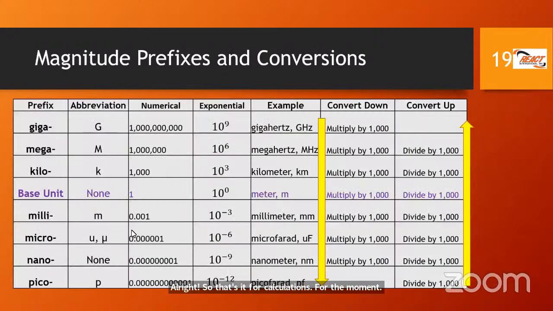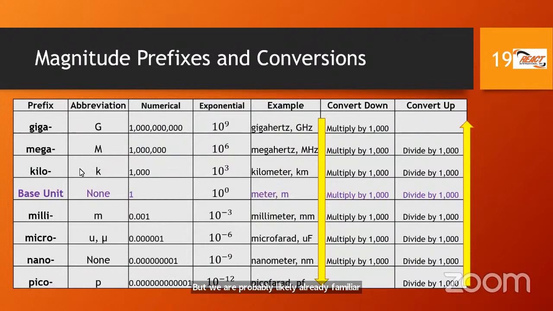Let's go now into the magnitude prefixes and some conversions that we need to learn and understand. For us as amateur radio operators, we will encounter terms that we need to convert, and we need to understand these prefixes, but we are probably likely already familiar with them.